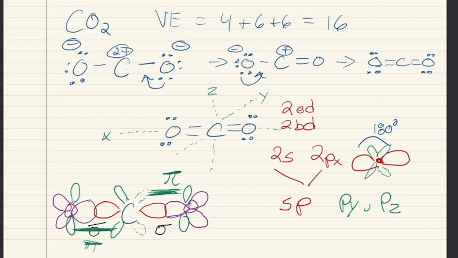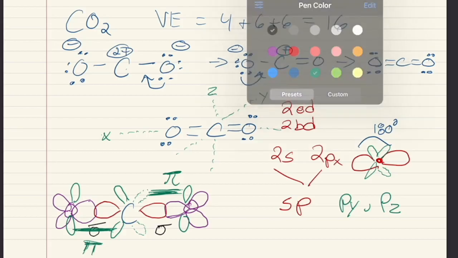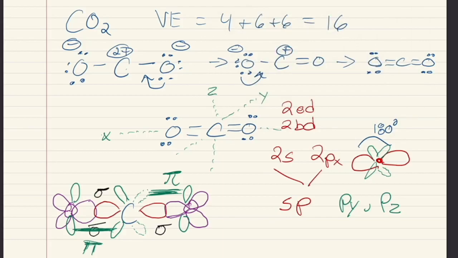This is not the greatest diagram. If you see my other videos, I've shown some better diagrams. Just to keep it clear, this is the sigma bond with the head-on overlap of the hybridized orbitals, and this is just based upon our hybridization. We will talk further about molecular orbital theory, which gets a little more specific about that. But this would be sp hybridization and a little bit of the bond orbital overlap diagram for CO2 using that.